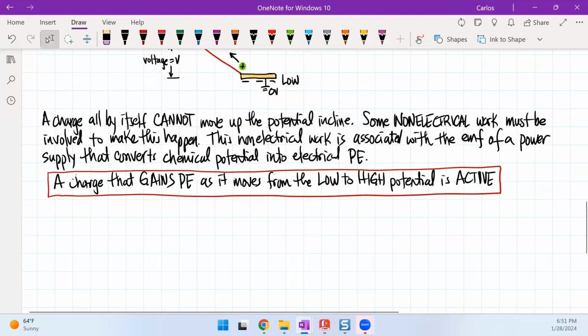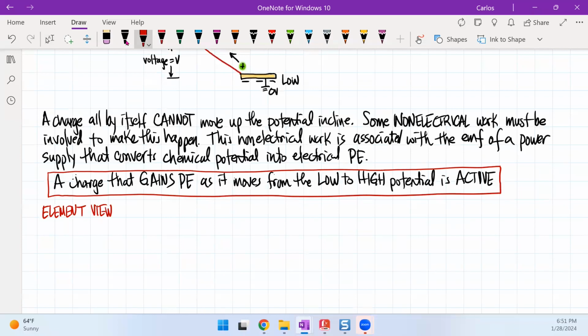So from the element viewpoint, what do we have?